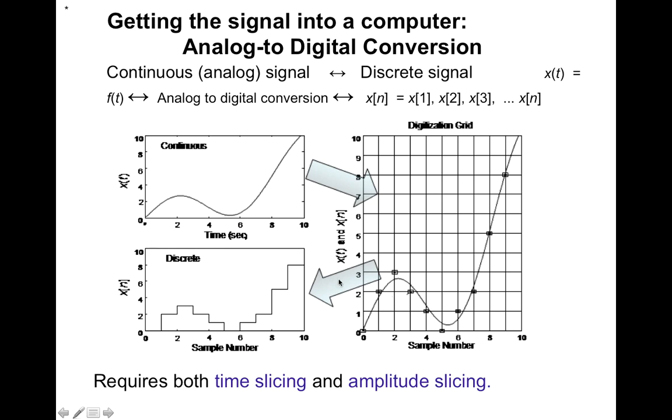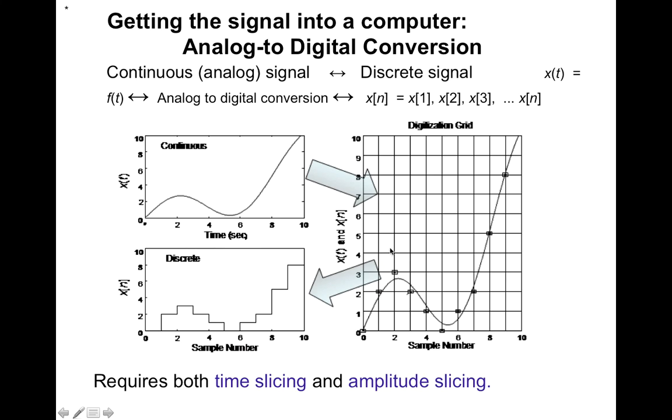For example, you can be 1 or 2 or 3, but you can't be 1.5 or 2.2 or 3.7. Those levels don't exist. So the system takes whatever the continuous signal is and rounds it to the nearest level, and that's referred to as quantization.